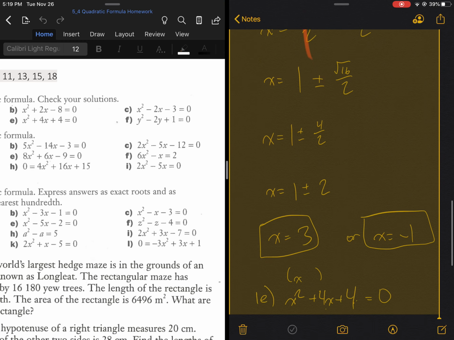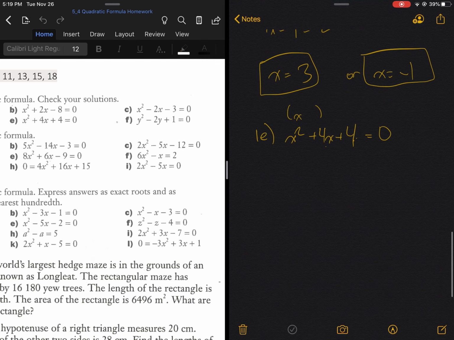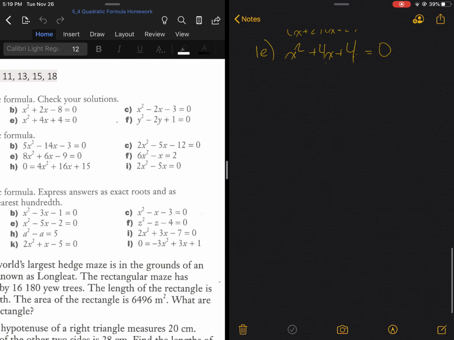The answer is 2. This looks like a perfect square, actually. They're both the same, and they're both positive. So the answer is going to be x equals minus 2.